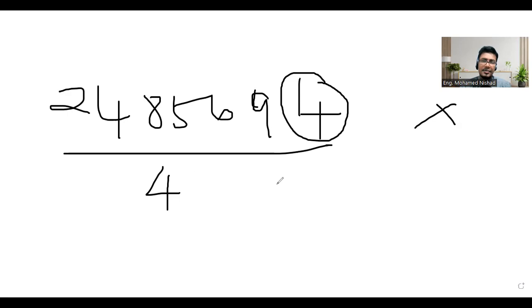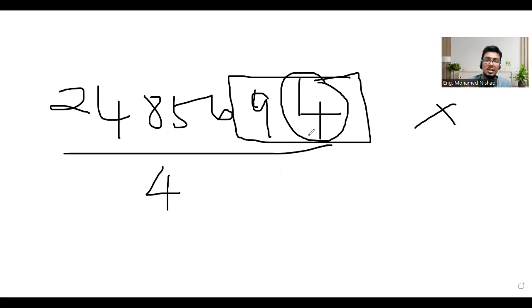It's very simple. We have to check the last two digits. If those last two digits are divisible by 4, then the entire number will be divisible by 4. That is the answer, right?